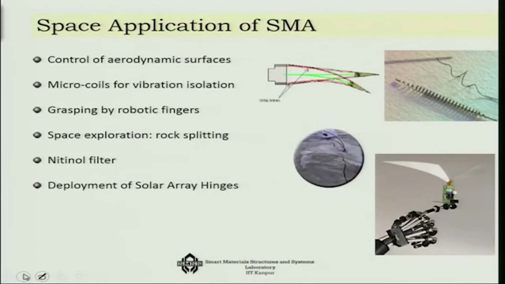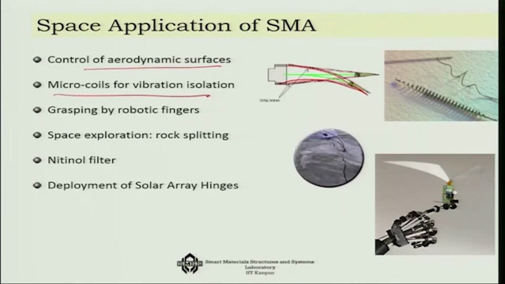Using these, there are many interesting applications that have been developed. For example, the control of aerodynamic surfaces like aircraft wing controls, etc. As you can see here, the SMA wire is controlling the so-called angle of attack. So that is one application.